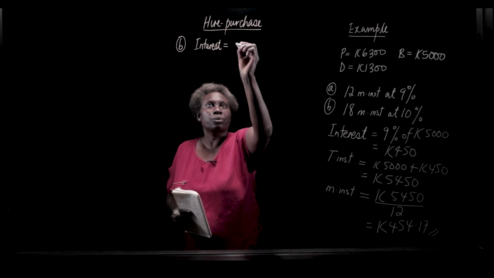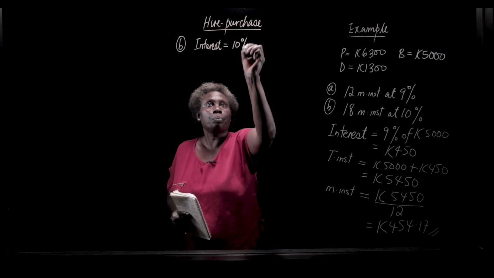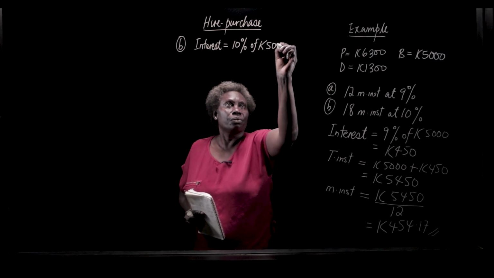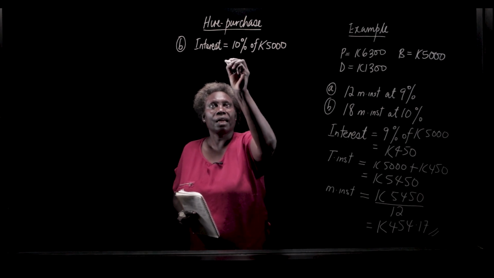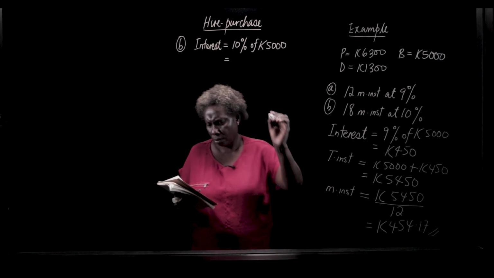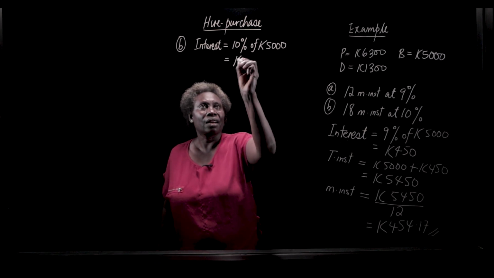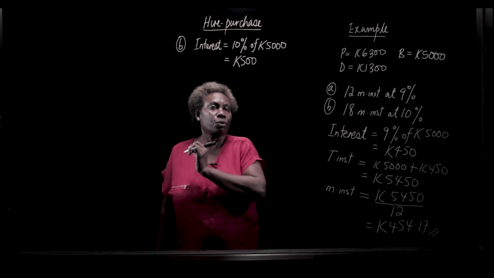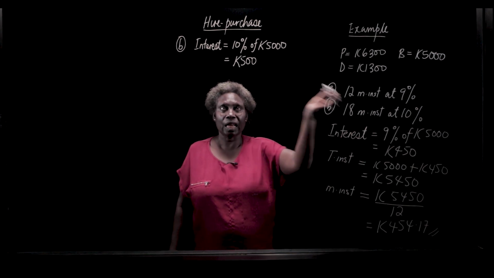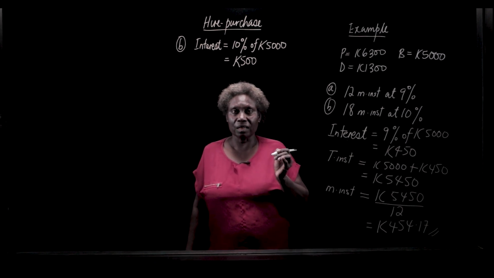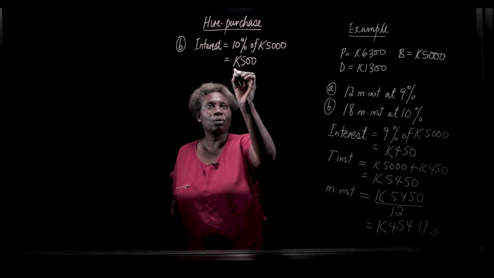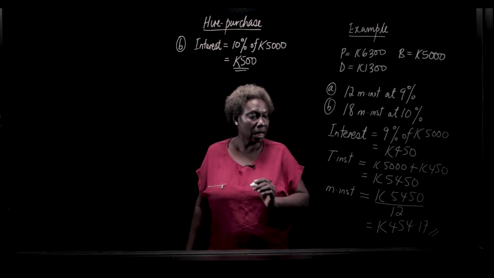So interest is equal to 10% of the balance, 5,000 kina, and that is equal to 500 kina. Now you can see the difference. Here the interest is 450 kina, and at 10% the interest is 500 kina.